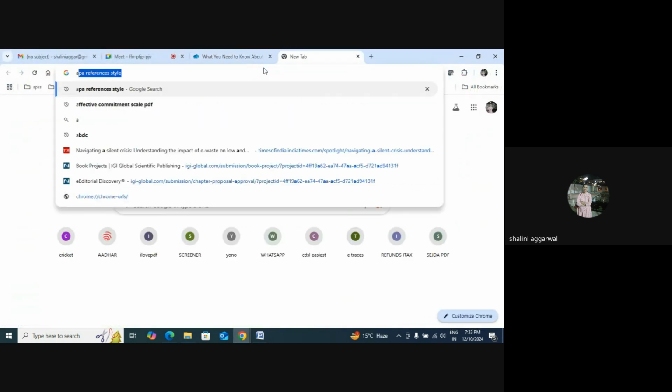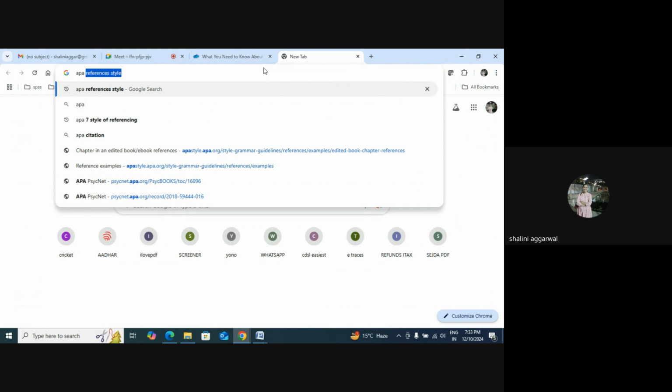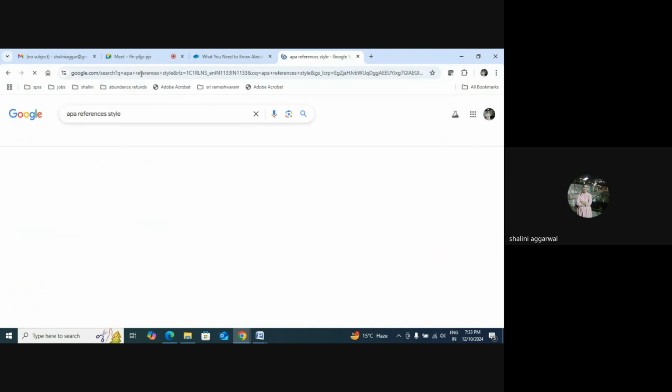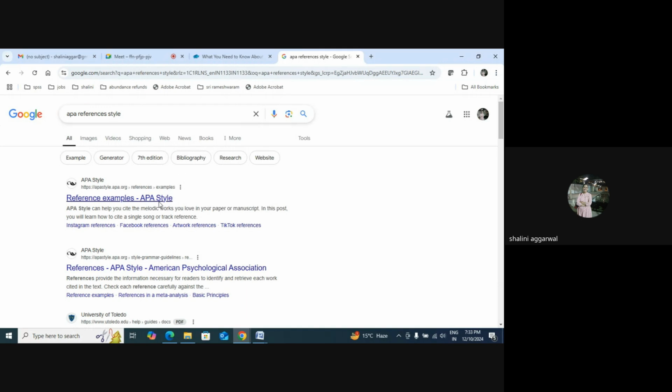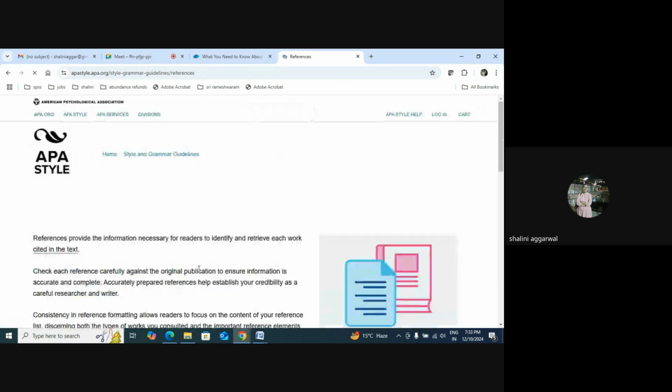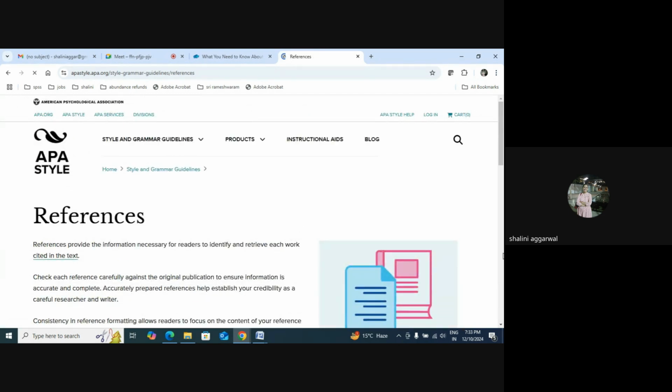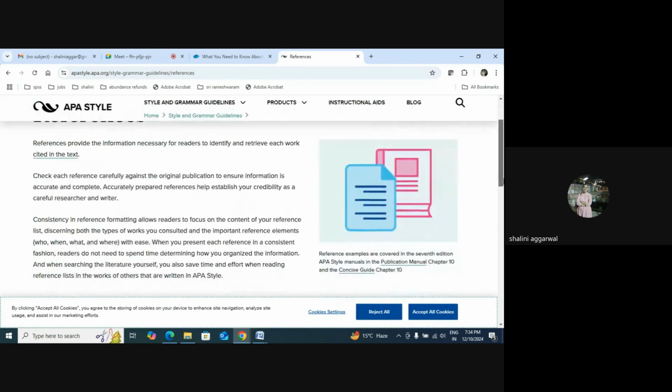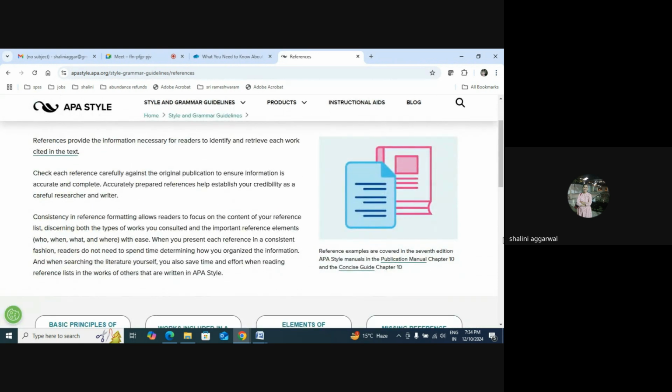If you write over here APA reference style in Google and click onto this, it will take you to the American Psychological Association. They have given different reference styles. Look at this.